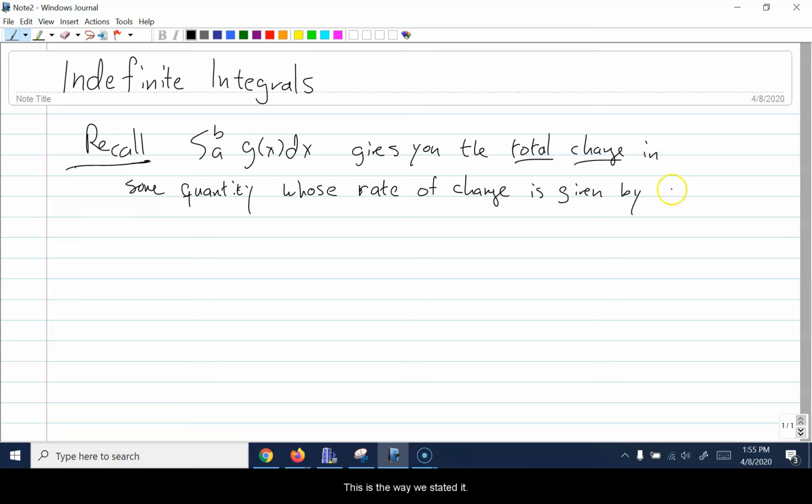This is the way we stated it when we were first talking about integrals in the first place, where we had a bug moving. We knew how fast the bug was moving. We wanted to know where the bug is, how far the bug moved.